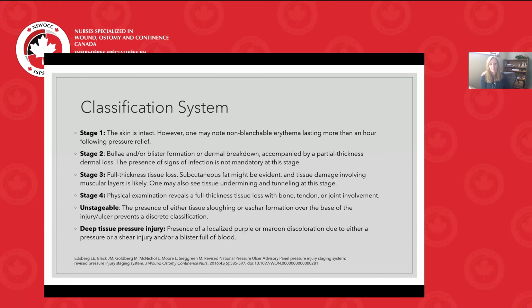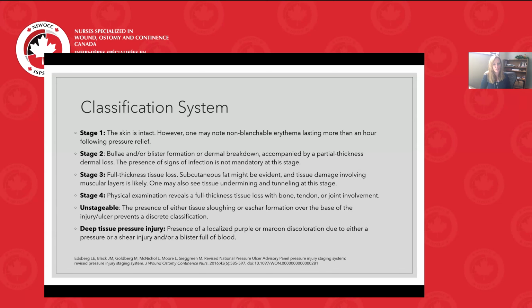It might have a red, non-blanchable area that's lasting for more than an hour following pressure relief. So it's important before you document this to make sure that you're not just removing something and then immediately saying it's a stage 1 pressure injury. We need to give it that hour to demarcate. If you're not seeing that erythema after an hour, then it's not a stage 1. If you are still seeing it and it's not blanching, that is the stage 1.